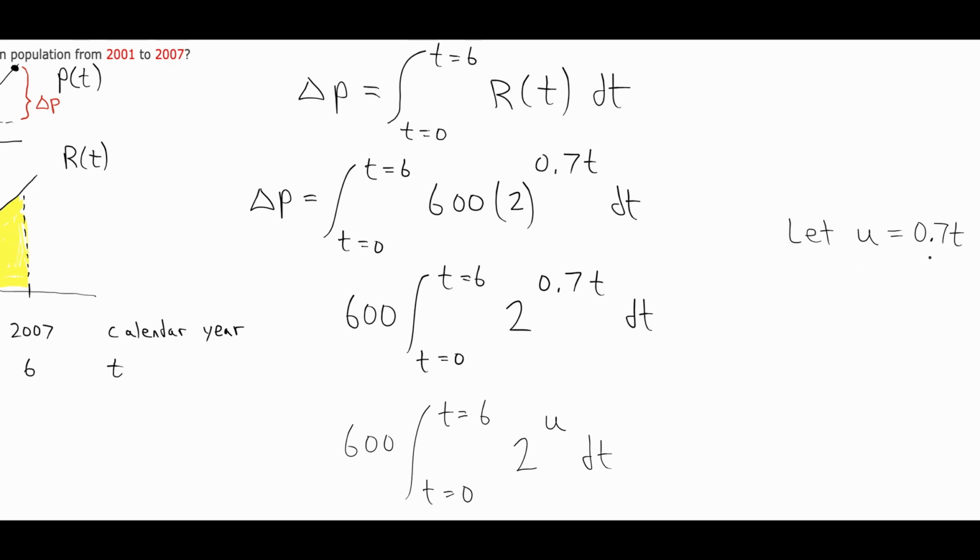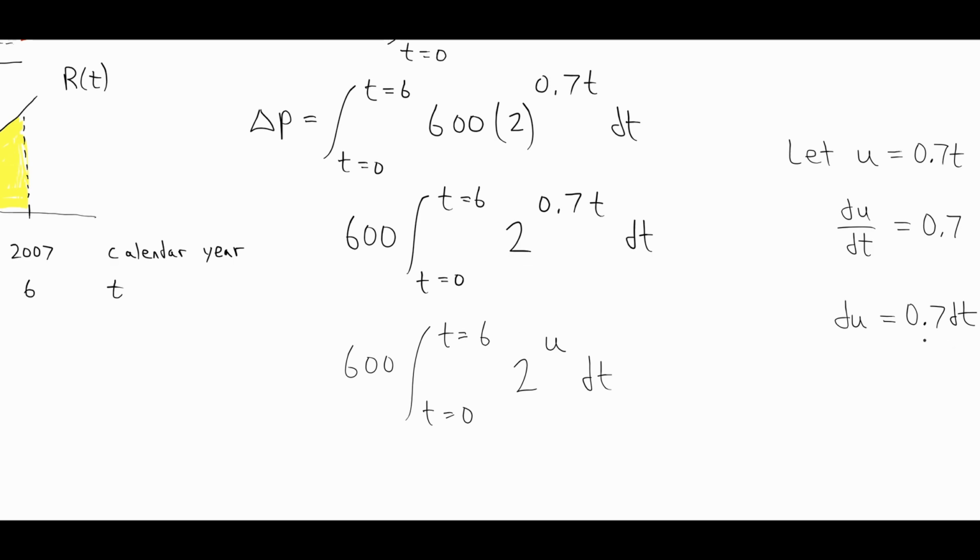So let's differentiate this statement here. Du over dt is 0.7. Therefore, by multiplying to the other side, we get that du is 0.7 dt.